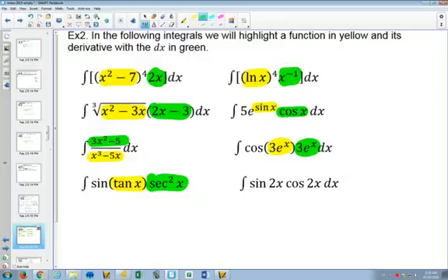And this last one is going to be an interesting one to do, because here we have sine 2x as a function, and its derivative is cos 2x. But we could have taken these highlighters and switched them up and said, well, maybe the original function was cos of 2x, because the derivative of cos 2x is sine.